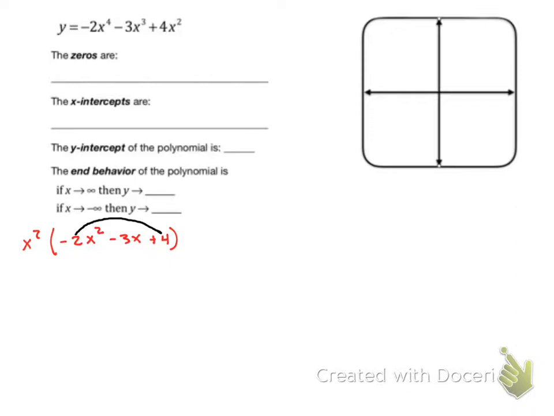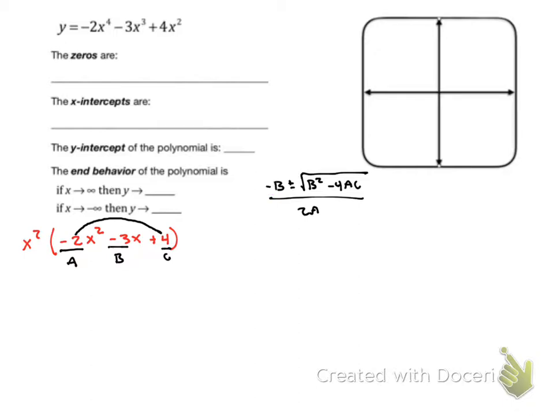In the quadratic formula, I'll try to squeeze it in here. Negative b plus or minus square root b squared minus 4ac divided by 2a. So you want to label our a, b, c. Here's a, here's b, here's c. And we're going to plug it into our quadratic formula.